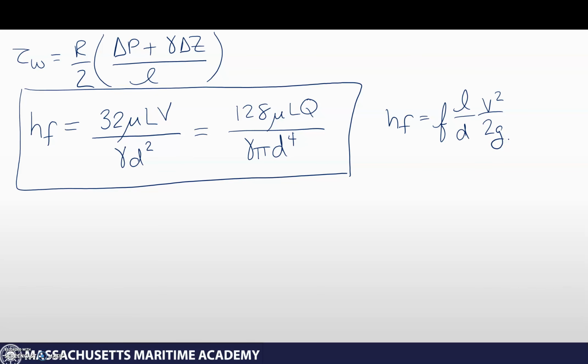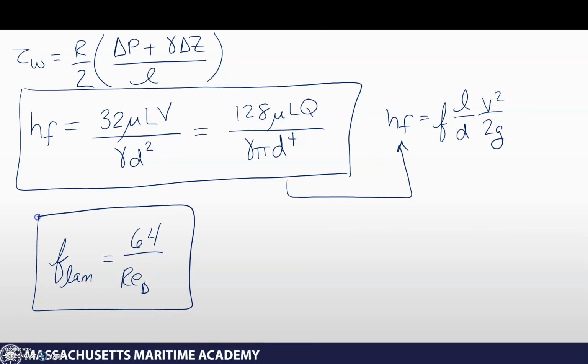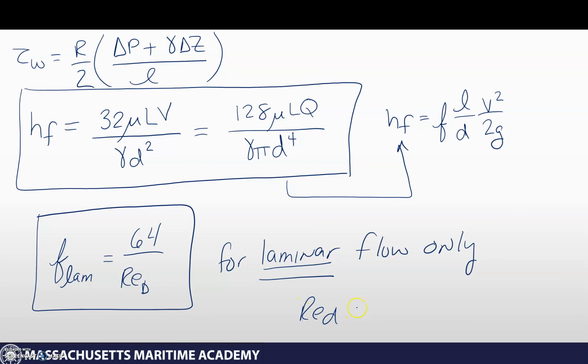If I plug all of this in for HF in the Darcy-Weisbach equation, I can directly calculate that F for laminar flow is just going to be 64 over the Reynolds number based on diameter, for laminar flow only. This is only laminar flow. I have to stress that immensely. So only when the Reynolds number based on diameter is less than 2300. But we can directly calculate the Darcy friction factor just knowing the Reynolds number.